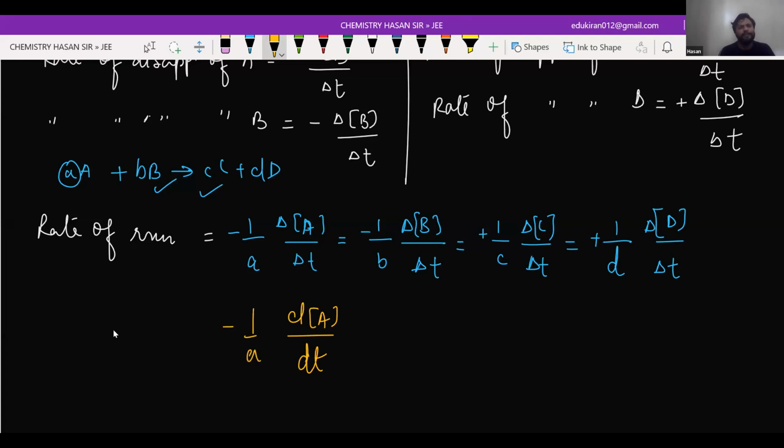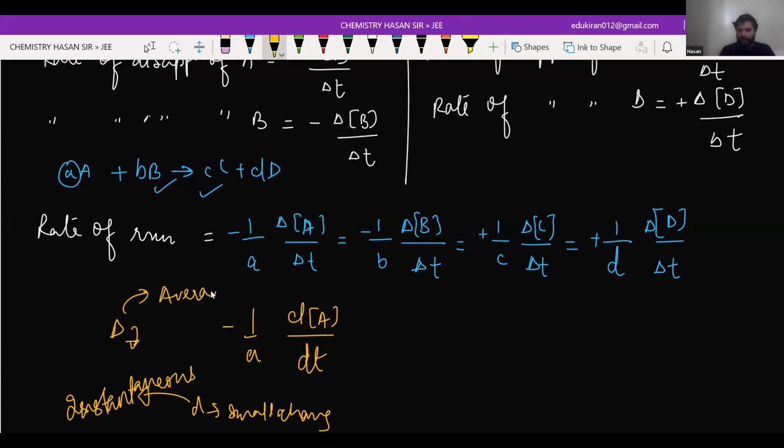Basically, this delta we use for a big change, and d we use for a very small change. Or you can say this d we use for instantaneous, and this delta we use for average. Like if you calculate average speed, delta V, while dV is the instantaneous velocity.